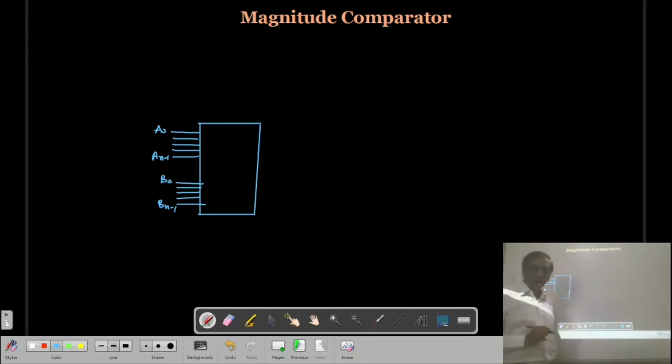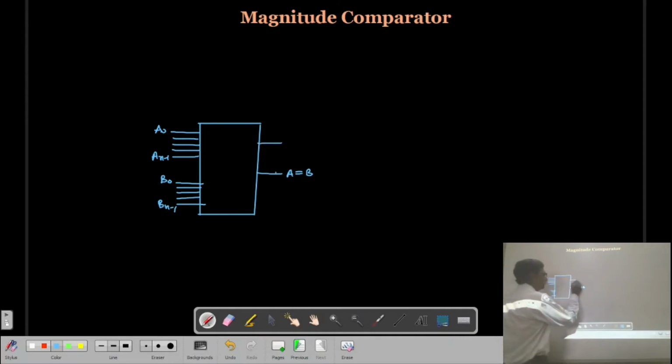Then this comparator has three outputs. One output will be high if A is equal to B, meaning the binary numbers A and B are both the same. Another output is A greater than B: if binary number A is greater than B, this output is going to be high.